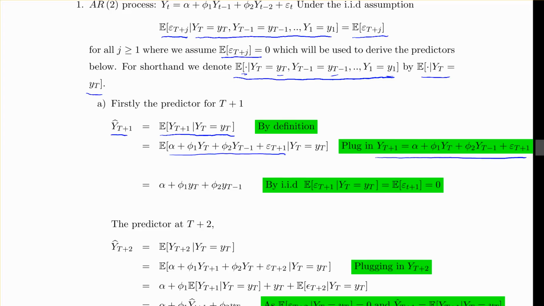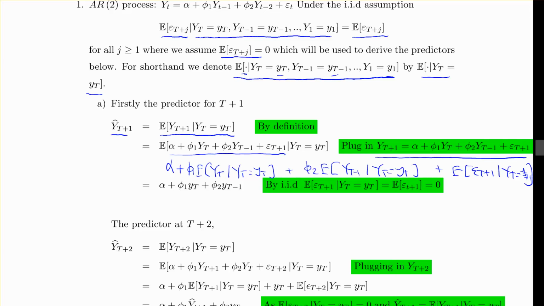So again, the average value of alpha, just a constant, plus phi1 times the expectation of the random variable yt, given yt equals the sample outcome, and again, plus phi2 times the expectation of the value yt minus 1, given the sample outcome we observe, plus the expectation of the error next period, given the sample we observe. Okay, so again, the expectation of the sum is the sum of the expectations. That also holds for conditional expectations.